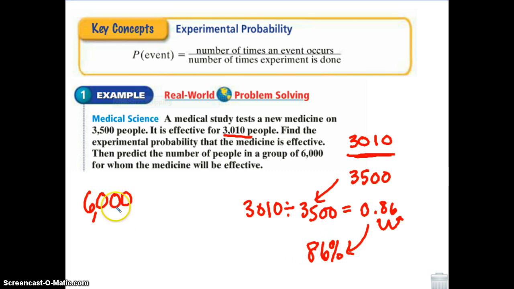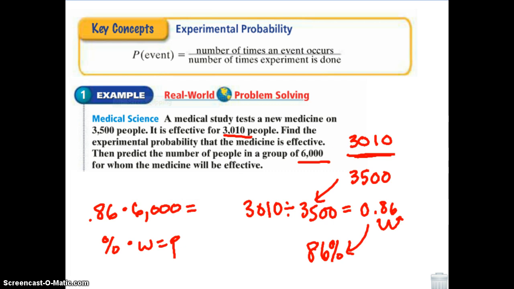And we should know from previous chapters that it's going to be the percent times the whole equals the part. So if I go through here, and I'm going to erase the 6,000, we should know that our percent is going to be 0.86. We do not put 86, we put 0.86, times the whole amount of the group that we're testing, which is 6,000.